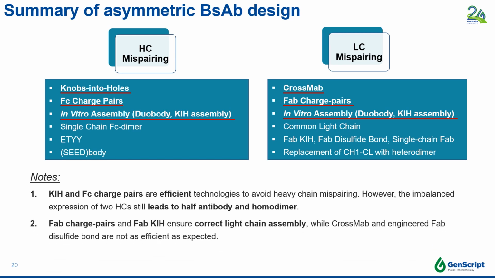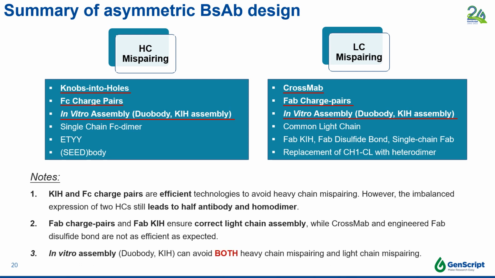Second, Fab charge pairs and Fab knob-in-hole ensure correct light chain assembly, while cross-map and engineered Fab disulfide bonds are not as efficient as expected. And third, in vitro assembly like DuBD knob-in-hole can avoid both heavy chain mispairing and light chain mispairing.